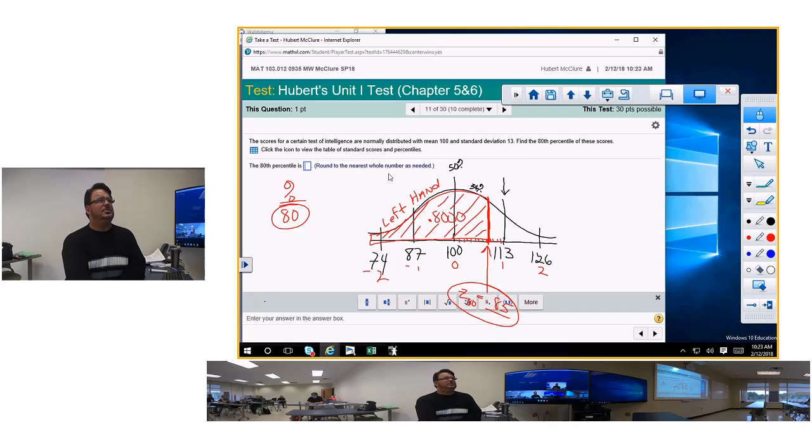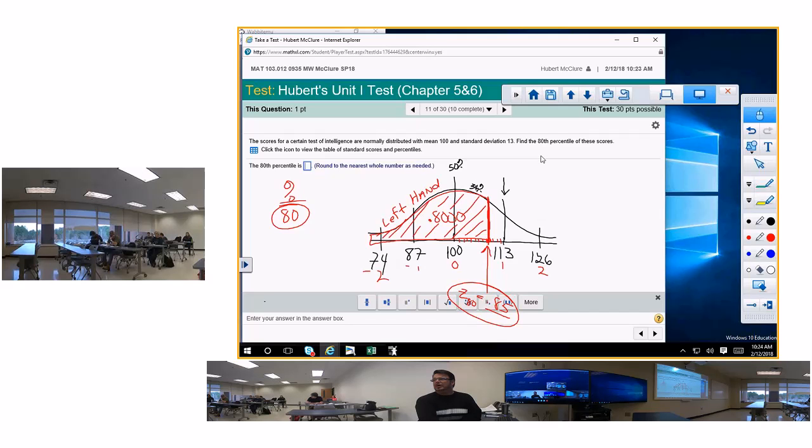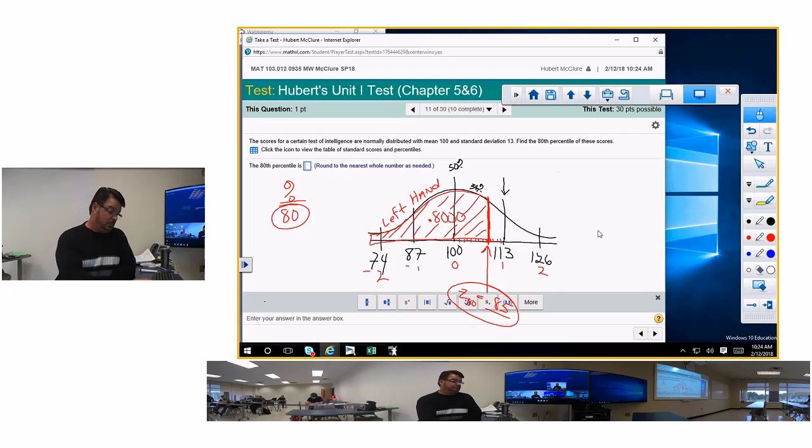How do you round to the nearest whole number? If you go with this decimal, it'll probably round back down to 84 since it's 0.841. I'm going to put 0.84. You can put 0.85. I think you'll be okay with either one of those. I'll take either one, depending on what you use. Next question.